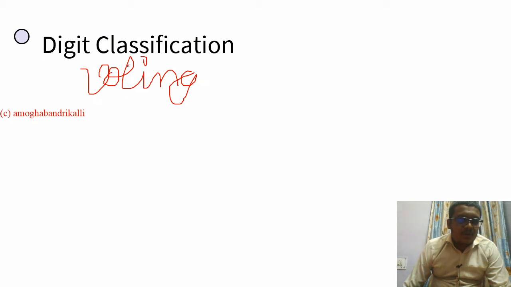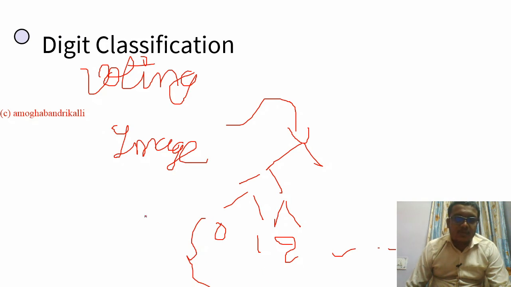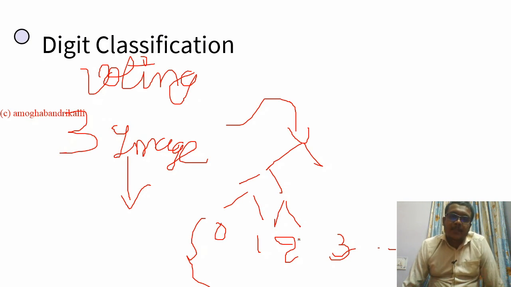Based on which image we are giving, consider we are giving one image, it will run through the branches like this, and out of 10 groups it is going to generate votings, and this image will have a maximum voting for one digit. If you have a maximum voting for 3, it may say the given number is 3.